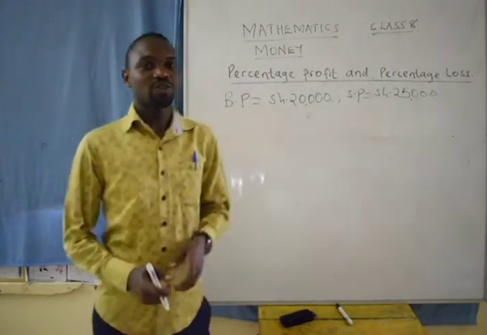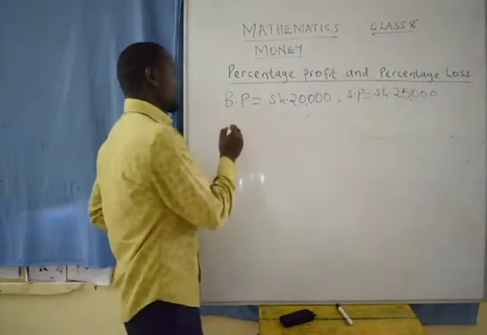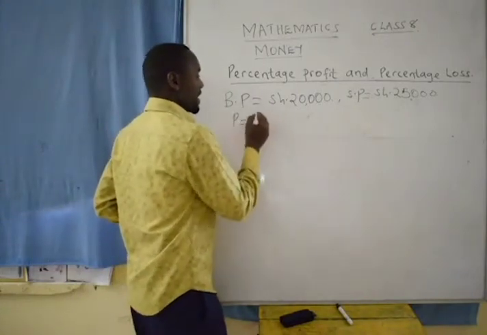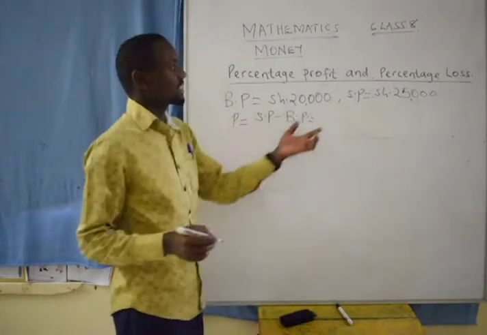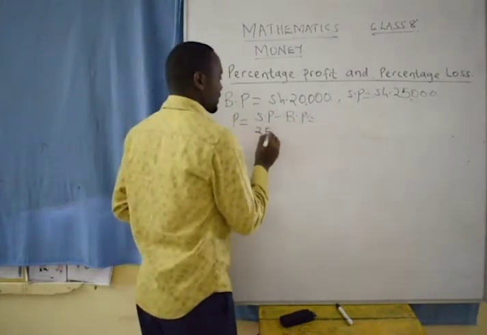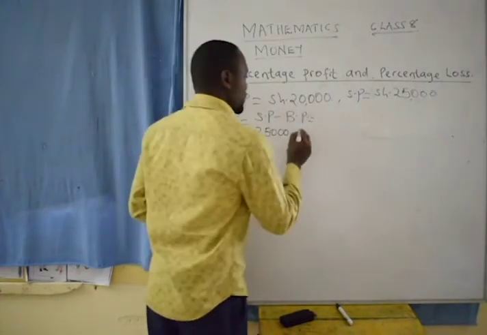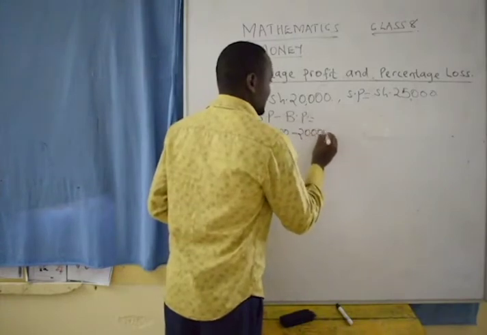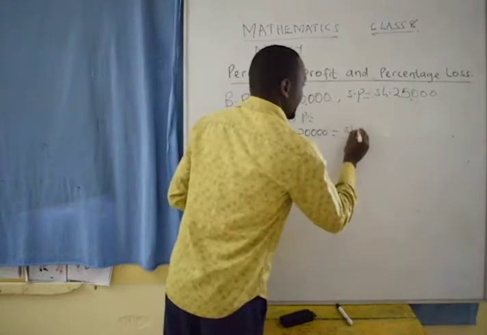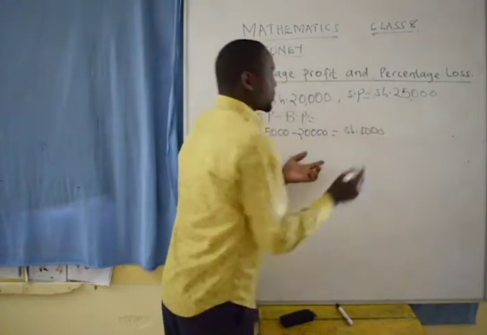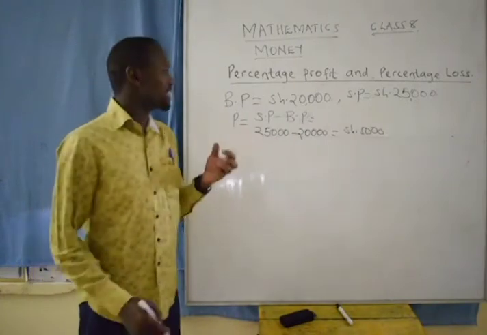The first thing we have to do is get the profit incurred, and profit is given by the selling price minus the buying price. In our case, the selling price is 25,000 shillings, and the buying price is 20,000 shillings. So the profit incurred by this person was 5,000 shillings. Then the question is asking us to calculate the percentage profit.